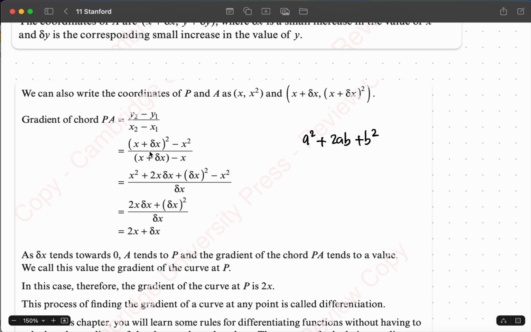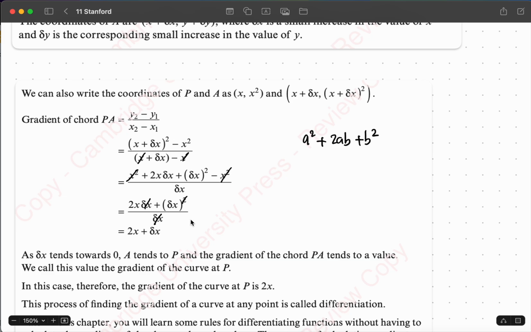We can cancel the x, so the denominator is only delta x. Also we have x squared minus x squared, so we cancel that as well. We get 2x delta x plus delta x squared over delta x, and then cancelling delta x, because the second term is a square, we can only cancel one delta x from it, so we get 2x plus delta x at the end.